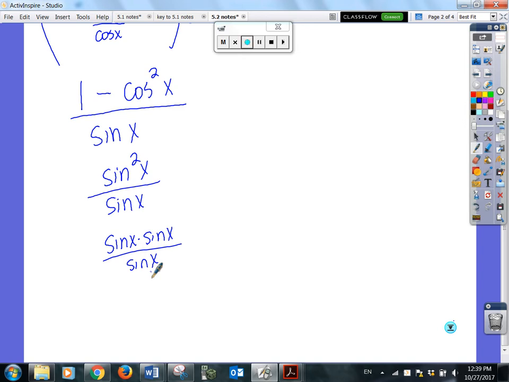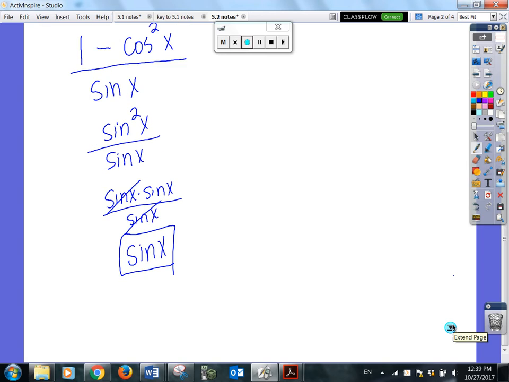So one in the top will cancel with one in the bottom, and you're left with sine x as your answer. Now, you could go from here to here. That last step I showed right there, you don't have to do this. I'm just doing that so you can see how I got this. You can cancel this sine with that too, because then it goes to 1, and come up with your answer that way.